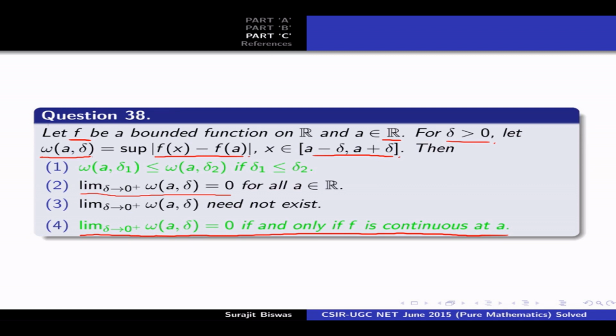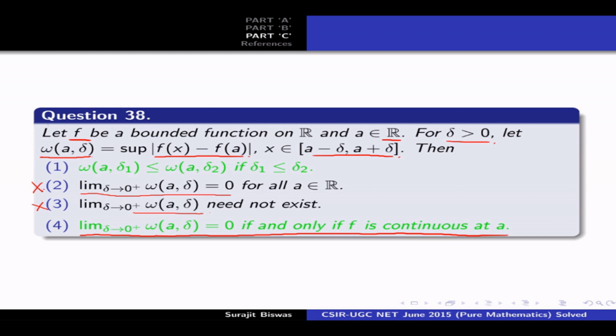But this is not given in the hypothesis, so f may not be continuous, and for that type of function this won't happen. So this is not true. The third option is that the limit as delta tends to 0 plus of omega(a, delta) need not exist, but we will show that it actually exists. So this option is also not correct, and the fourth option we will prove to be true.